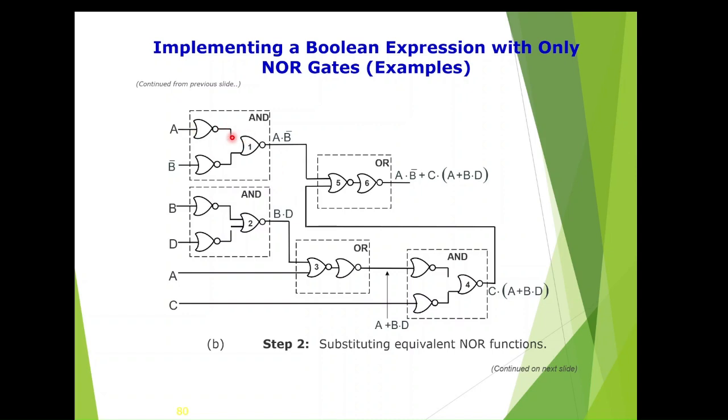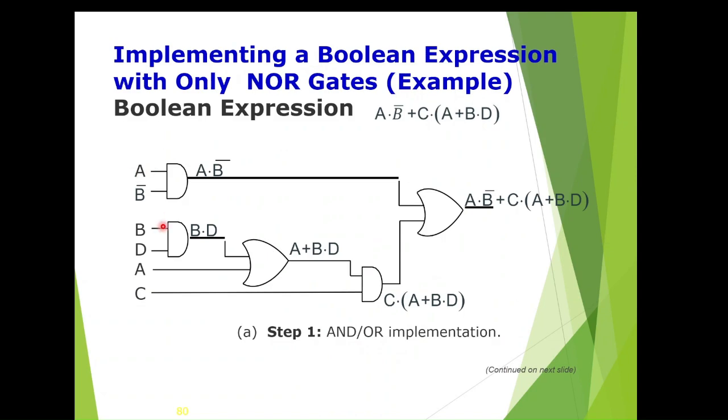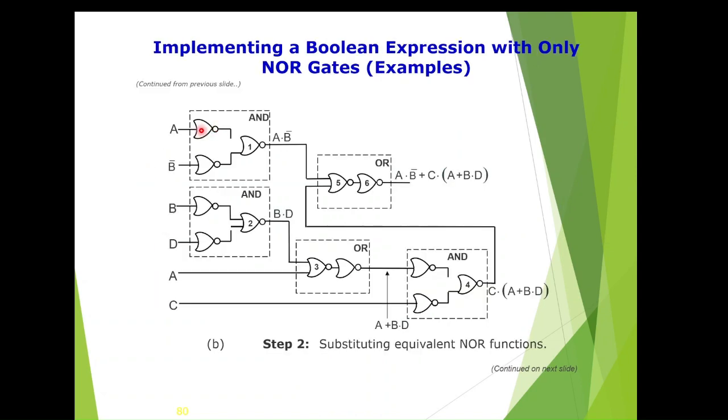So this is the first gate, AND gate. We are implementing this AND using 3 NOR gates. Similarly here also, first A B bar and 2 inverters, the 2 NOT gates.